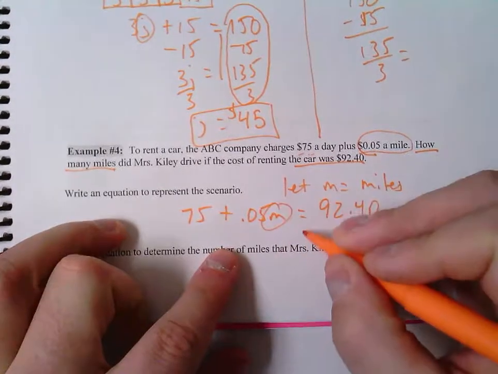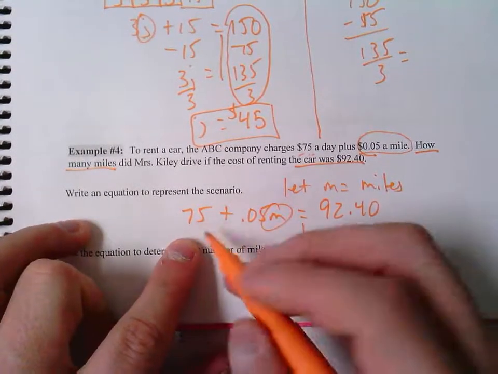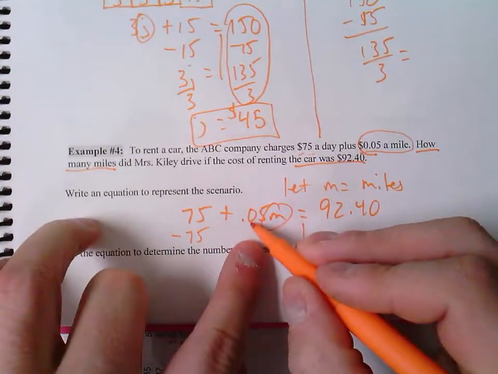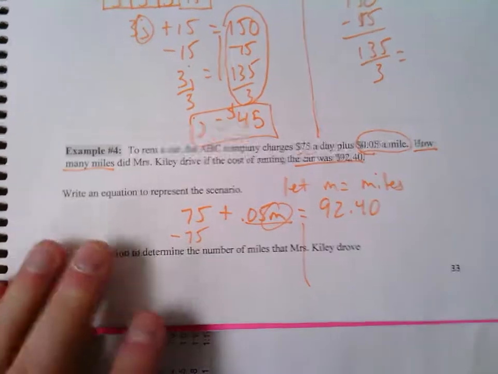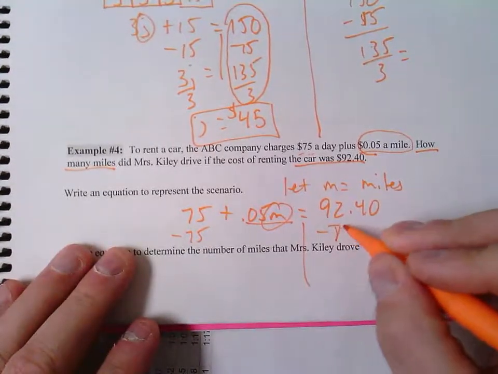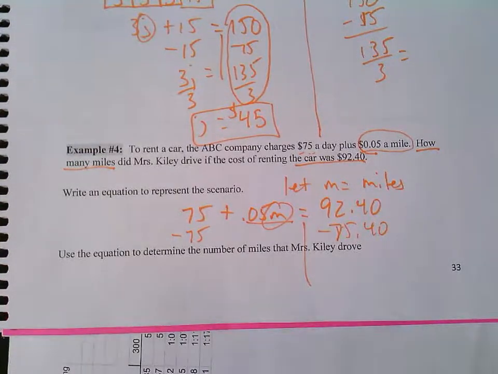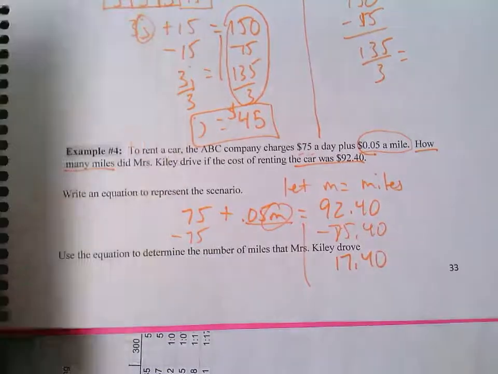All right, here's my variable, line down the equal sign. Now I have the $75 out here, so I'm going to start by undoing that. Remember, this is multiplication. We don't do multiplication until second. That's the second thing that we do. So we subtract $75. 92.40 minus 75 is $17.40.